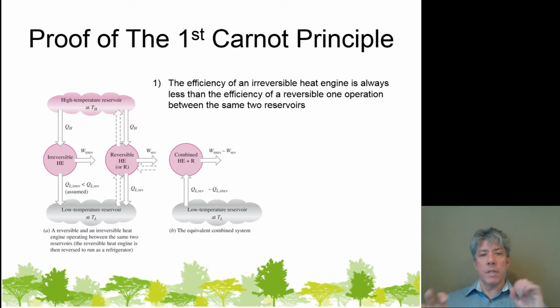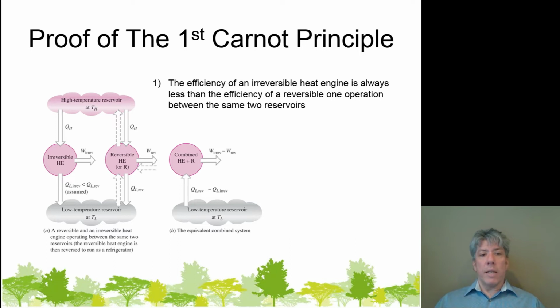Now we're going to be careful and size these two so that they're both pulling the same amount of heat either to or from the high temperature reservoir. So QH in both of these two, the reversible and irreversible, are the same values. Okay? And what we're going to do is reverse the reversible heat engine because we can, right? So we'll operate it as a refrigerator, and what we'll do is allow the irreversible heat engine to drive the reversible, now refrigerator.